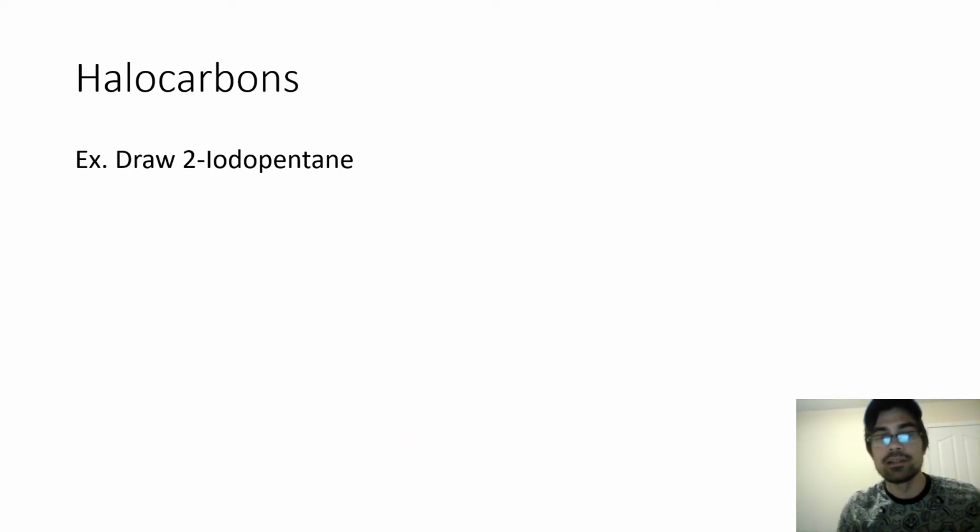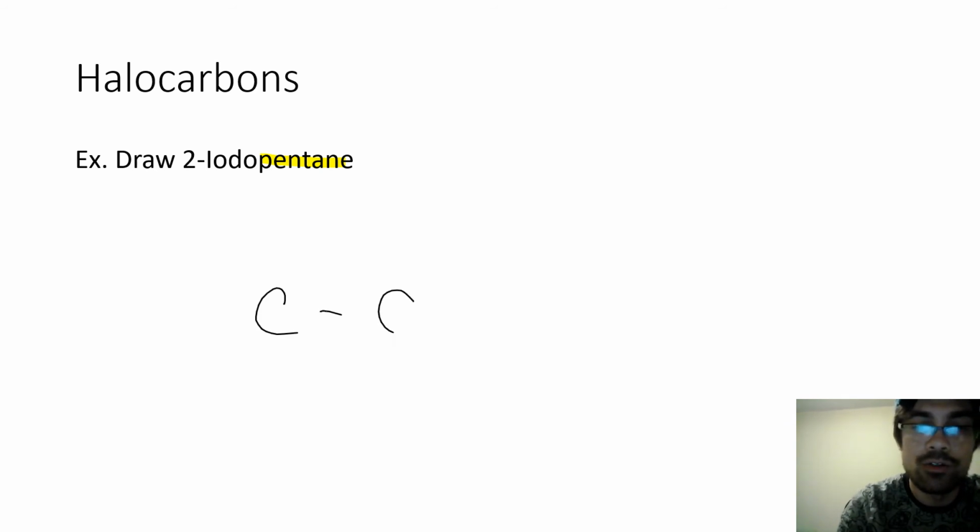Now, let's look at the other way. And now if we have the name and we want to draw it. So again, always want to start with the parent chain to make your life easier. In that case, it is a pentane. So 5 carbons. 1, 2, 3, 4, 5. Okay? And the halogen in this case is iodo, and it's on carbon number 2.